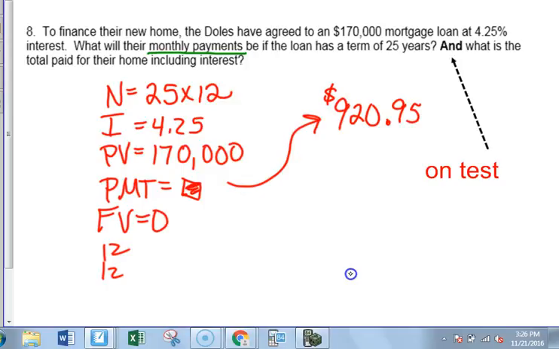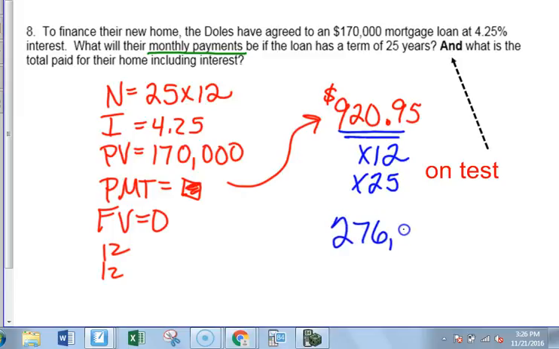All right. How do we find what total they paid for their house? They made this payment every month for 25 years. $276. Did you keep the whole decimal in, maybe?